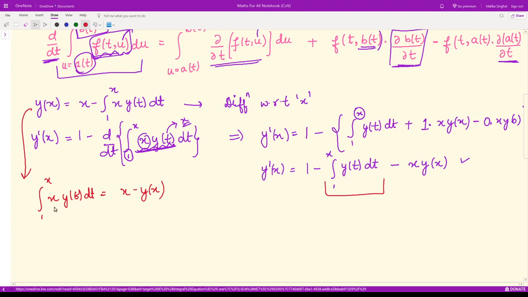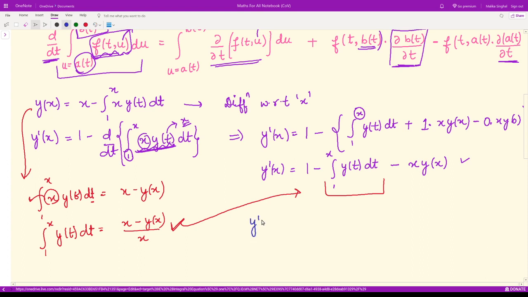And because this integral is dependent on t, we can take this x out from the integral sign. So we'll have 1 upon integration from 1 to x y t dt, that would simply be x minus y of x divided by x. So that x, I took it to the right hand side over here. So we'll obtain this value. So let's substitute this value over here. So let's see what we obtain.